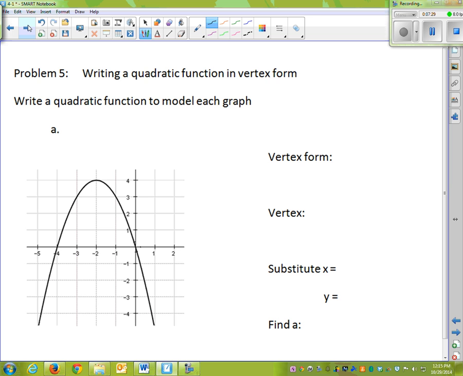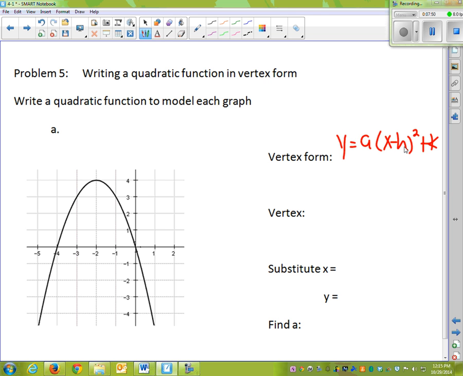In the next example, writing a quadratic function in vertex form, we start with the graph, and now I need to write the equation. Vertex form, let's write what that is again. Y equals a (x minus h) squared plus k.